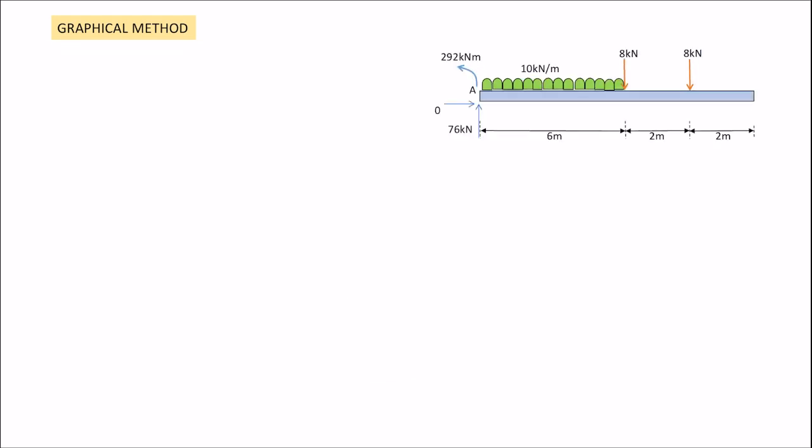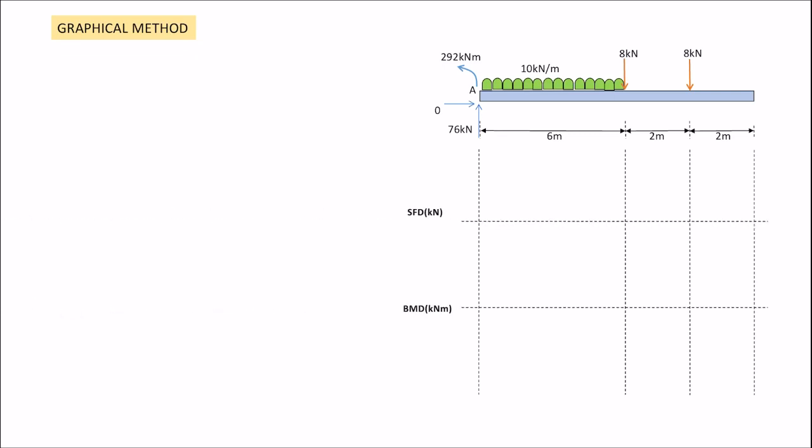Next, we're going to draw the SFD and BMD using the graphical method. First, you have to draw the line for each force or reaction point, then the line for SFD and BMD. First, you have 76 kilonewton force, the reaction RAY going up.